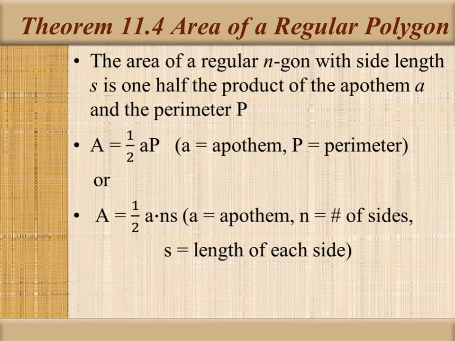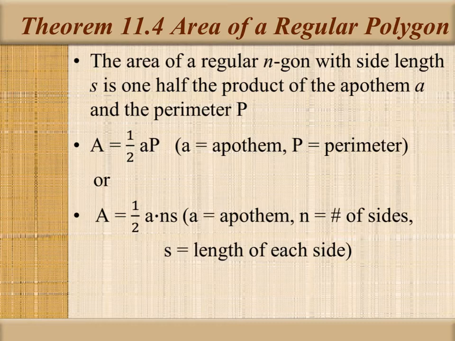Okay, so next, these are the formulas to find the area of a regular n-gon with side length s and the apothem. So the area is 1/2 apothem times perimeter, or you can memorize it as area equals 1/2 apothem times the number of sides times the side length.